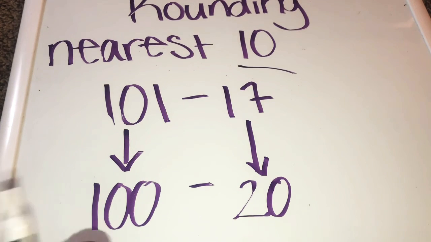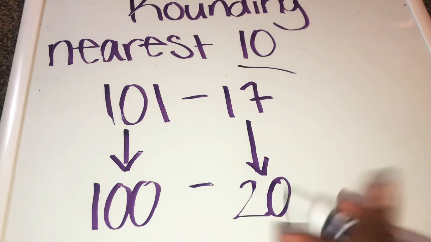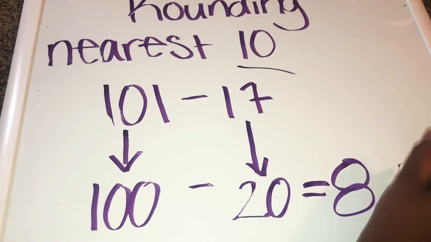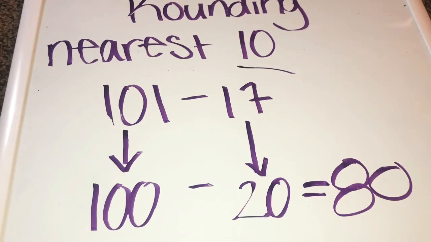The rounded numbers, 100 and 20, are the closest multiples of 10 to the numbers in the original equation. This is going to make it easy for us to subtract mentally and see that the answer is 80. So an estimated answer for 101 minus 17 is 80.